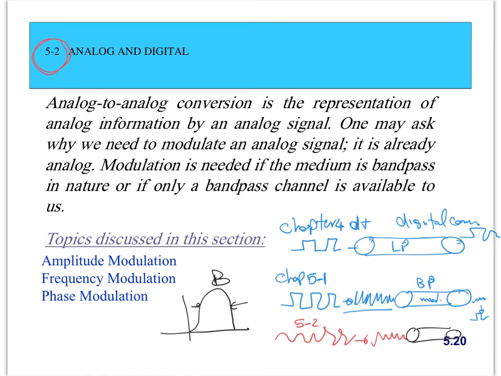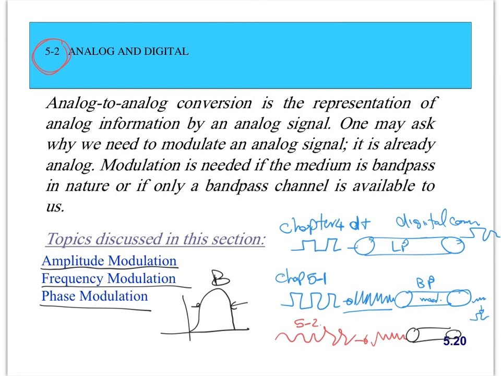Okay? But still, the signal itself has amplitude, has frequency, has phase, and so on. It has all these fundamental parameters. Therefore, the modulation schemes in this category are also systematically categorized using these three parameters: amplitude modulation, frequency modulation, and phase modulation.